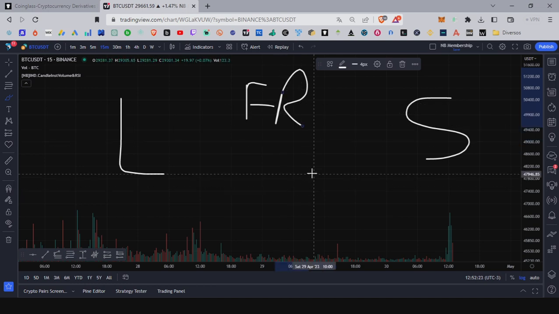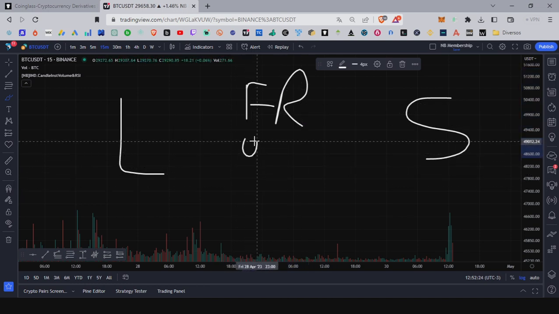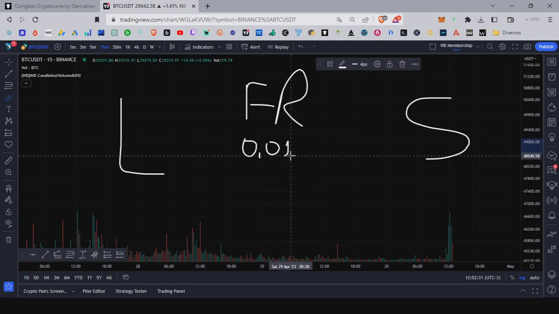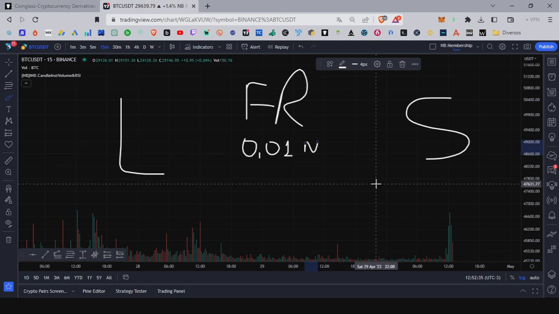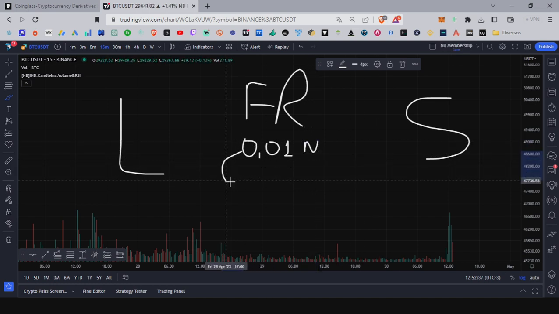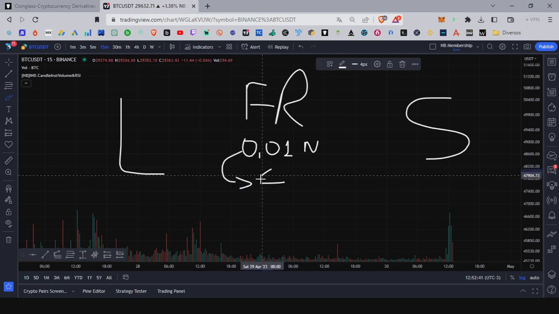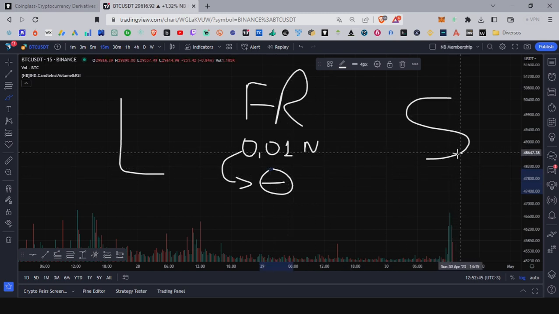So basically in the crypto market, a funding rate of 0.01% is considered neutral. If this funding rate gets negative, it means that we have more shorters than longers in the market.